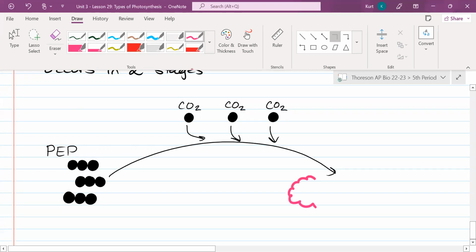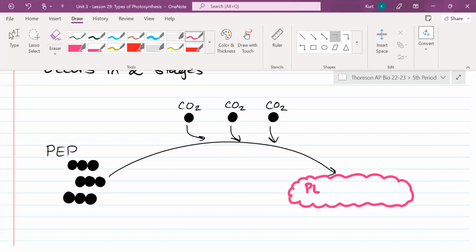There's a new enzyme in town before you get to Rubisco. It's called pepcase. Let me tell you a little bit about this enzyme. The enzyme fixes CO2 to PEP.